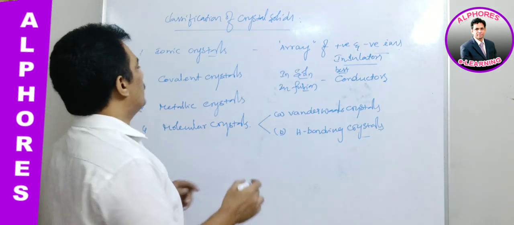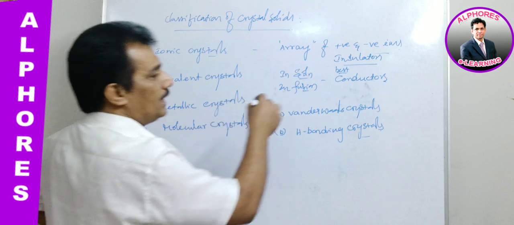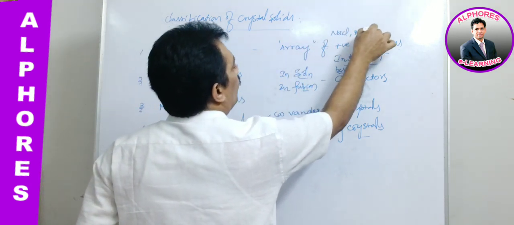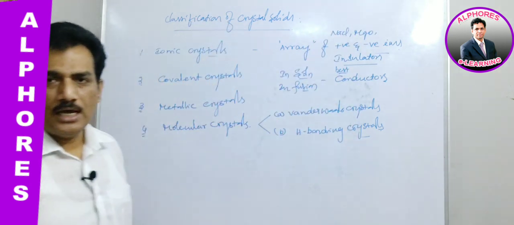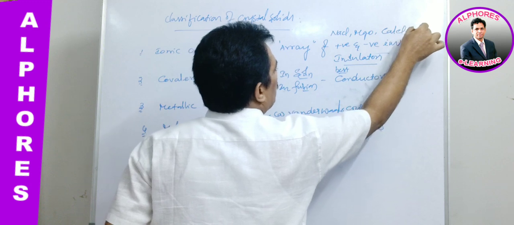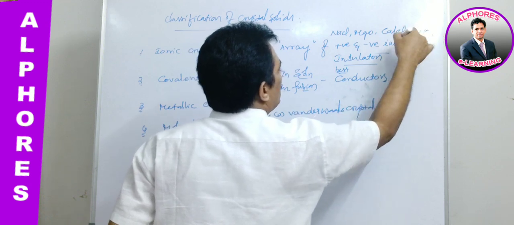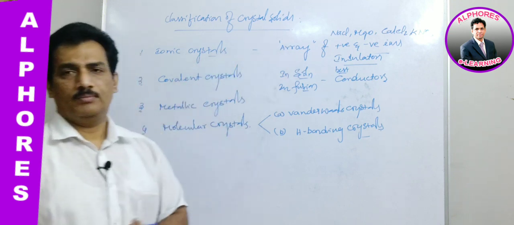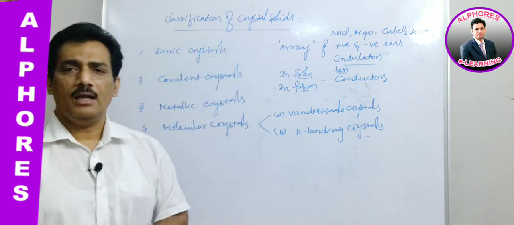Clear? The best examples for ionic crystals are NaCl, MgO, CaCl2, KNO3. Like that any ionic compound that possesses both cation and anion can be considered an ionic crystal.